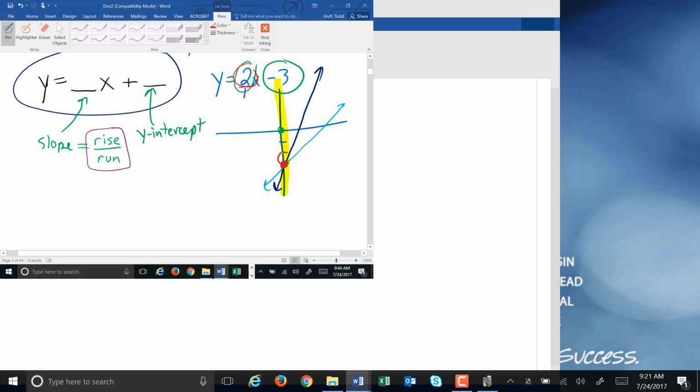So we go up 1, 2, and we run 1. So we go over 1. That's our second point on the graph. We could keep doing that to get more points if we wanted to. Rise 1, 2, and over 1. Like that.